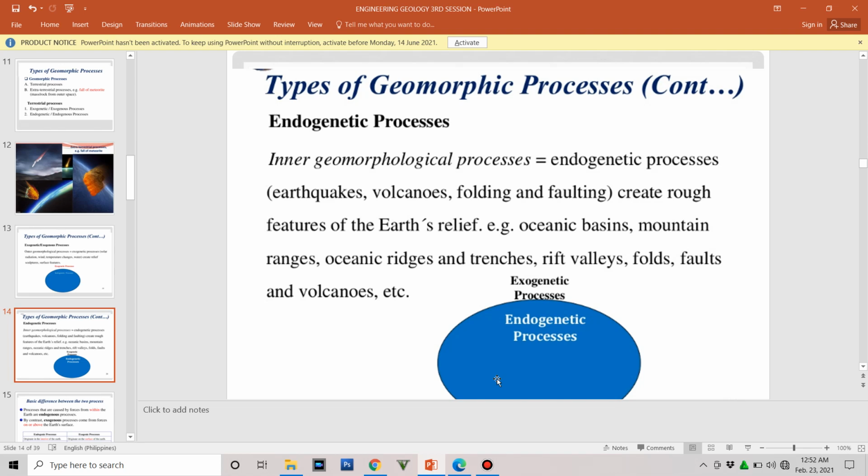In endogenetic process, we have volcanism, earthquake, and landslide. These are called catastrophic events in which we can clearly see the effect on Earth's surface, and it could be recognized immediately.